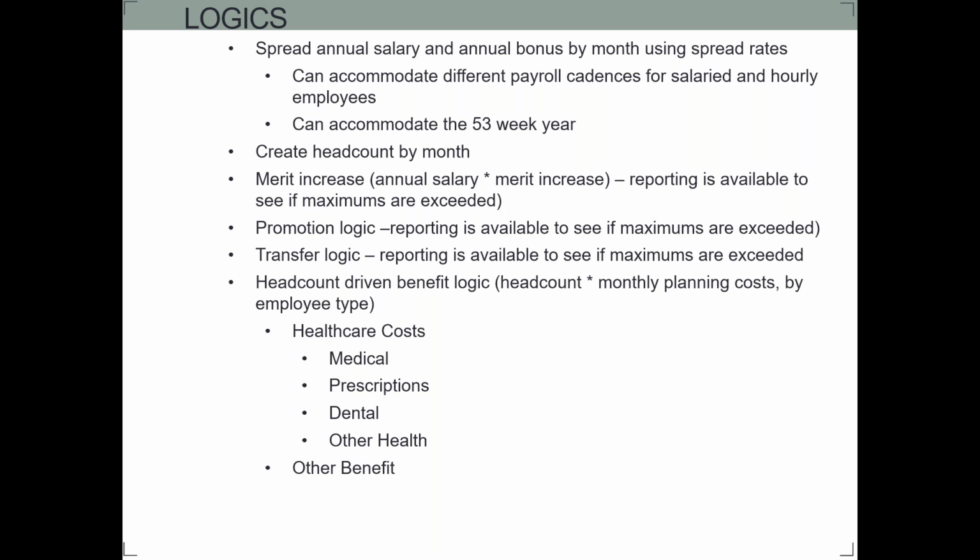We put some logic in here around promotion. If people get promoted, that's much like a merit increase. That affects the salary-based calculated benefits.